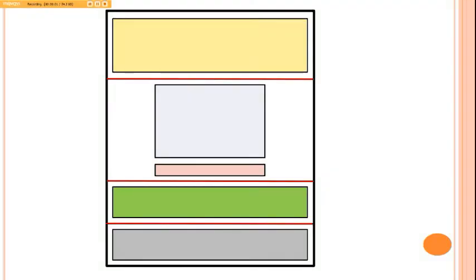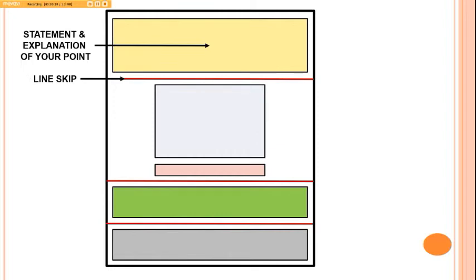So now let's summarize the way you should actually include a diagram in your essay. So the first stage is obviously to state and explain the point that you want to illustrate with that particular diagram: statement, explanation. Next, as I explained earlier, you should skip 1 or 2 lines just to make the essay more comfortable to read. Next, you can actually draw your diagrams by following the different guidelines that I gave earlier.